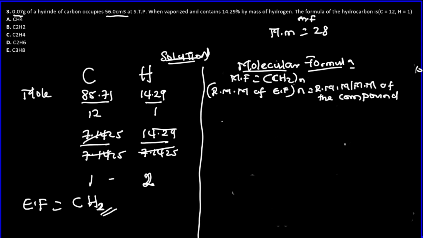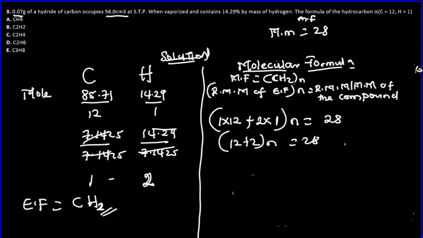So the relative molecular mass of the empirical formula: remember, the subscripts times the relative atomic masses, and then you add all of them together. So 1 times 12 plus hydrogen, whose subscript is 2, times the relative atomic mass 1, all times n equals 28, the molar mass that we found. So this is 12 plus 2, which is 14, times n equals 28.